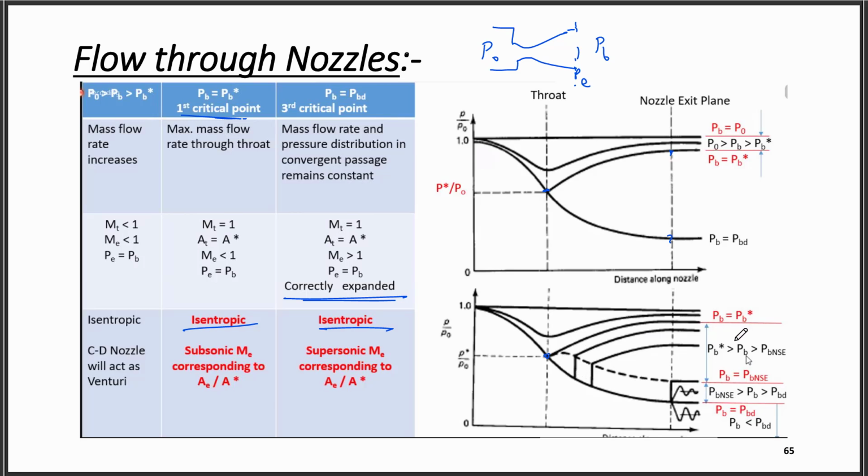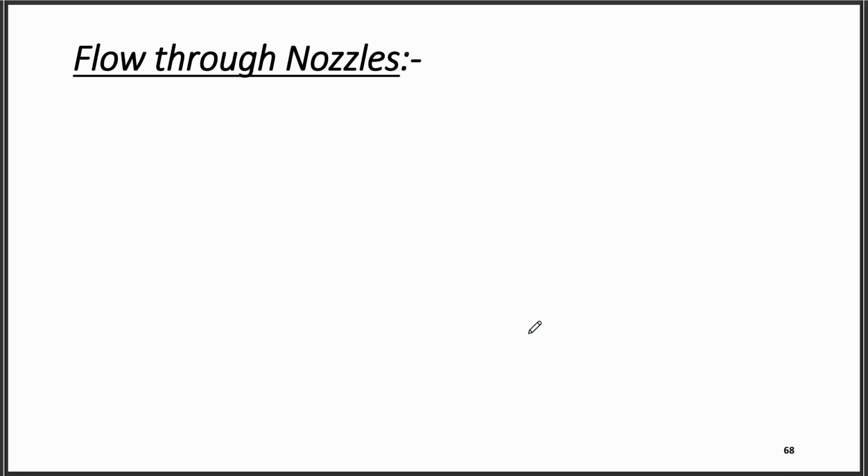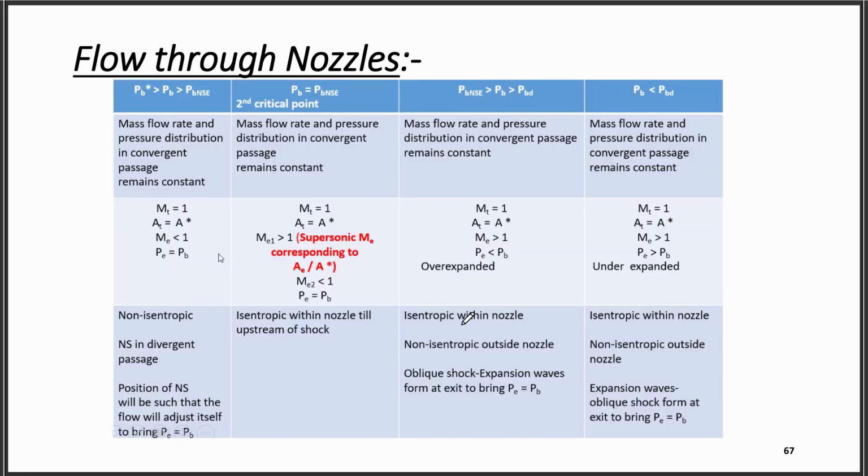And if we start decreasing this pressure more and more, the location of this normal shock will move downward. And we'll get to one point where this normal shock will be just at the exit. So that point we will call the third critical point.